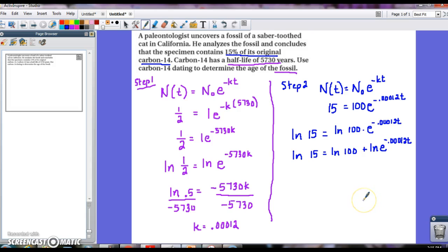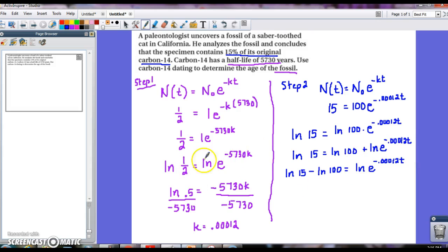I want to get this term all by itself, so let me subtract ln of 100 from both sides. I end up with ln of 15 minus ln of 100 is equal to ln of e to the negative 0.00012t. This goes back to one of the properties we talked about today.